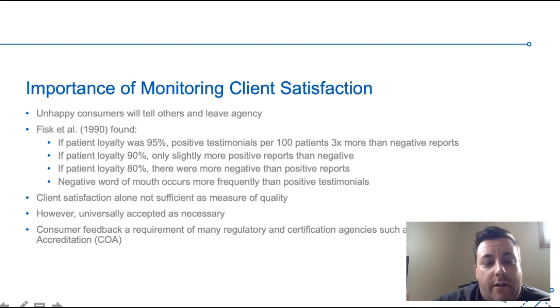I mentioned at least once or twice in this talk already that client satisfaction is a necessary thing, but it's insufficient. Agencies like the Council on Accreditation and JCO often require studies of client satisfaction, but they also often require them in the context of other indicators of quality.